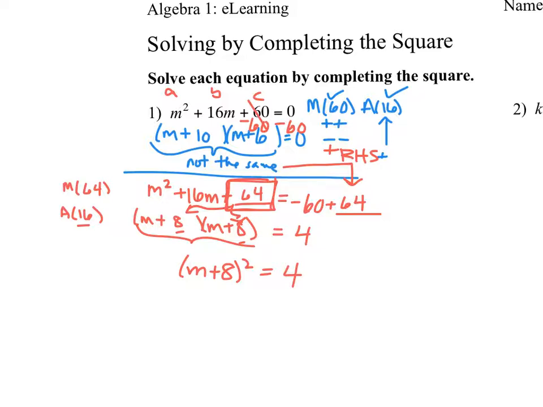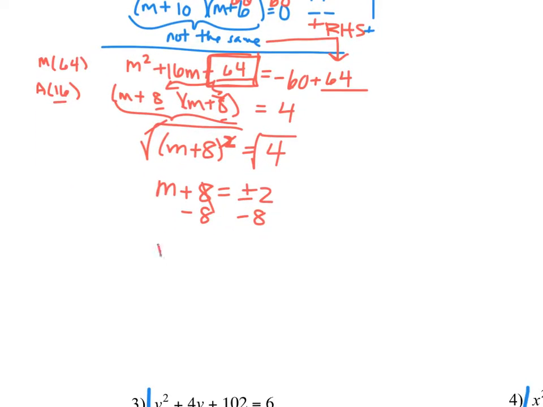Okay, complete the square combines factoring and, since we have an exponent of 2, the square root step, which, remember, also produces two answers, and we use that to mean plus or minus. And then one last thing, to get m by itself, we'll subtract 8.